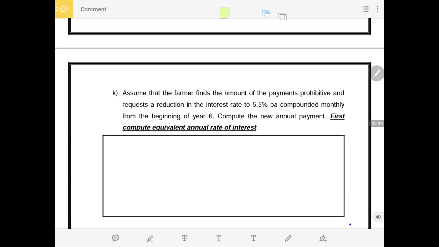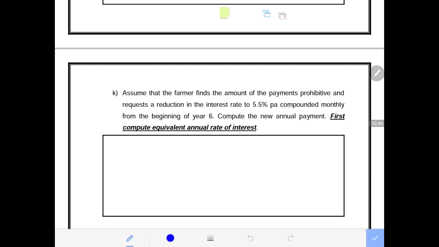Now remember again, the interest is changing from the beginning of year 6, not from payment number 6, from the beginning of year 6. So now that means from year 2, 3, 4, 5.